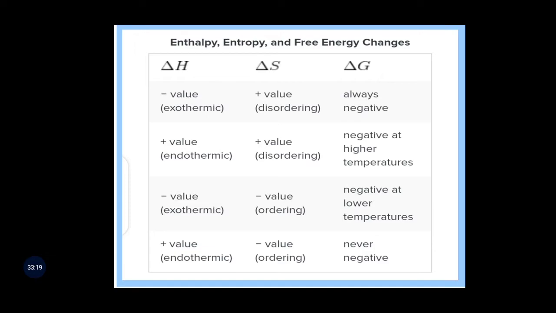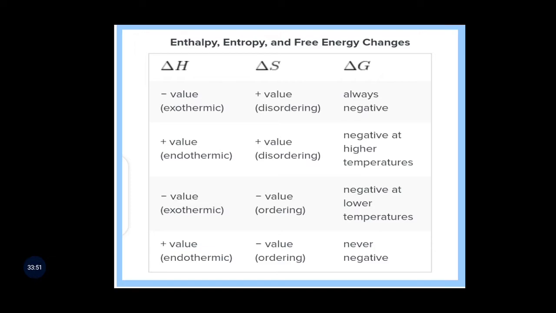If the change in enthalpy is exothermic, that is negative, and the entropy is positive, meaning there is high disorder, then your delta G will be negative.